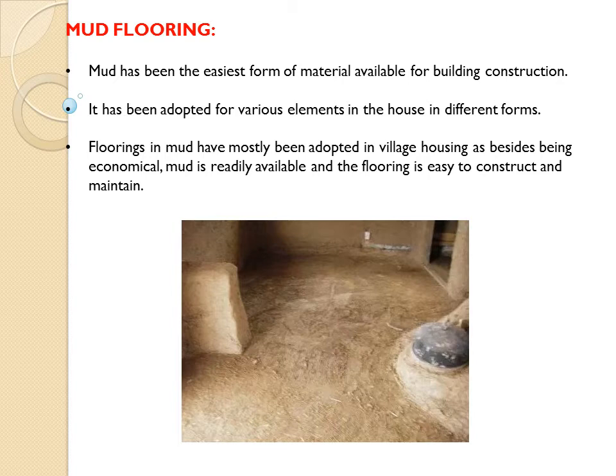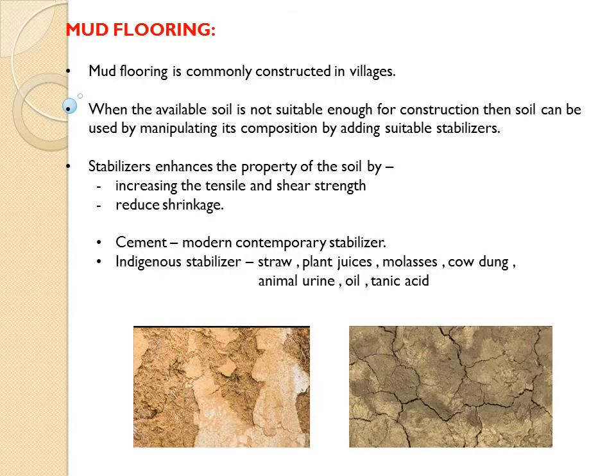So every certain number of years you can make it again. The installation process is not very difficult because it's a mixture of mud with some other materials, then just making it level. In the same way, it is commonly used in villages as it's basically the available material, that is nothing but mud, so we could commonly find it in villages near the agricultural land.